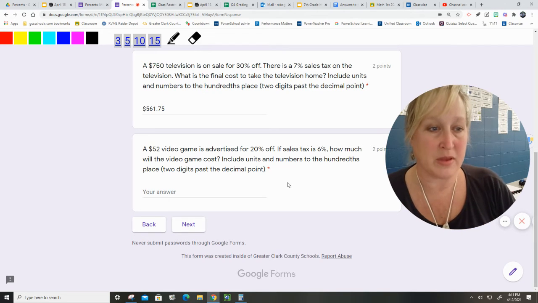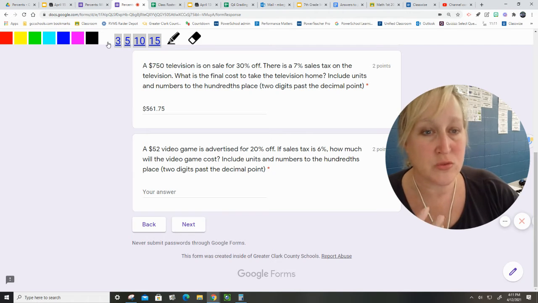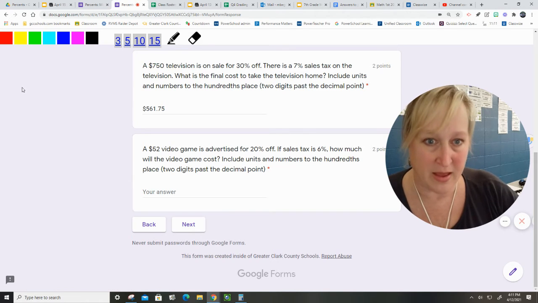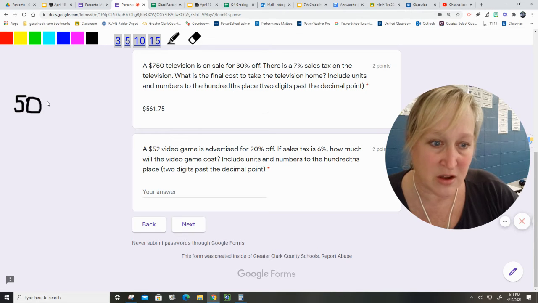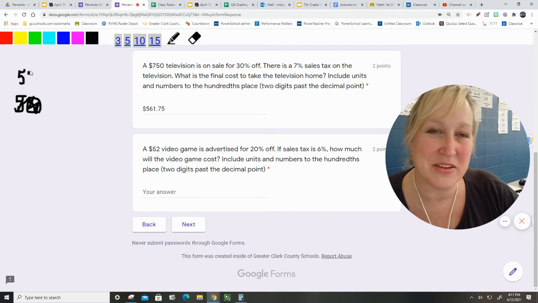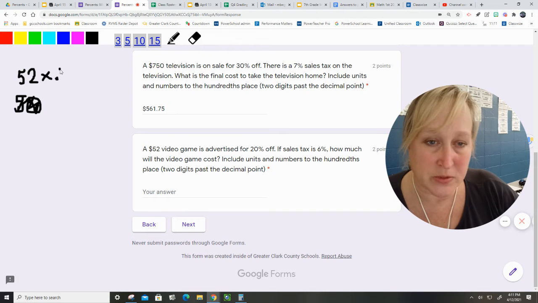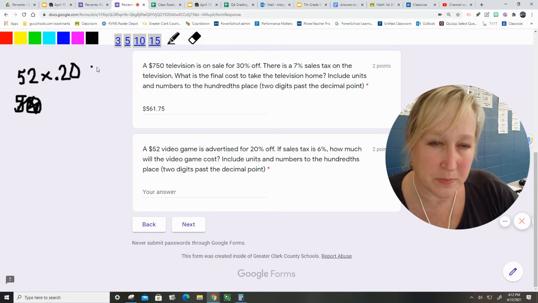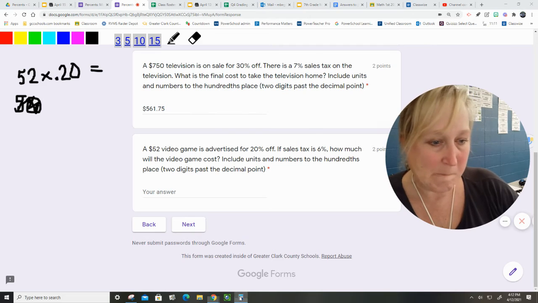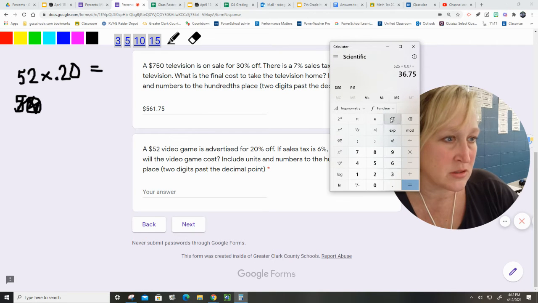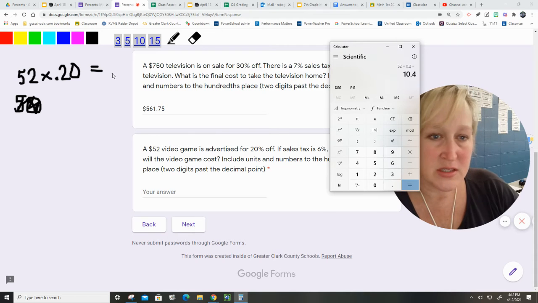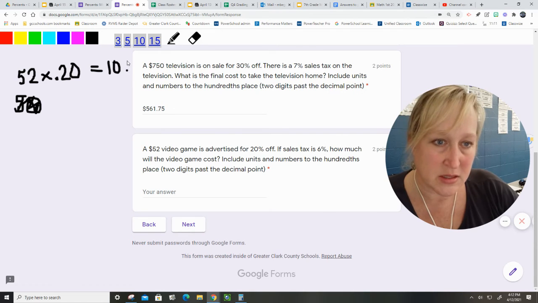This video game is marked off at 20%. So first I have to figure out what I'm going to pay. So I am only going to pay less than $52. 52 times the 20% off written as a decimal. 52 times 0.2 equals $10.40.